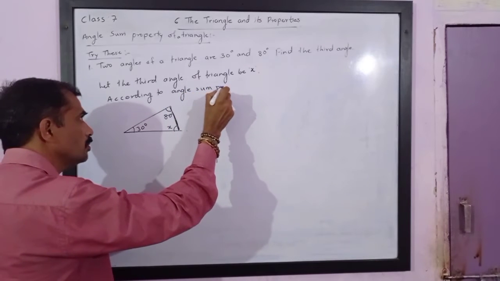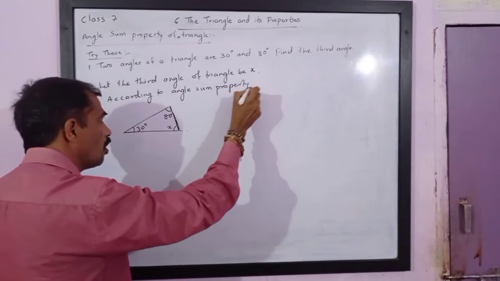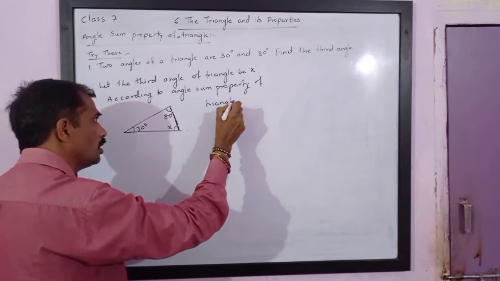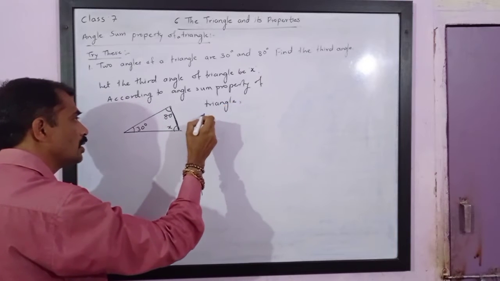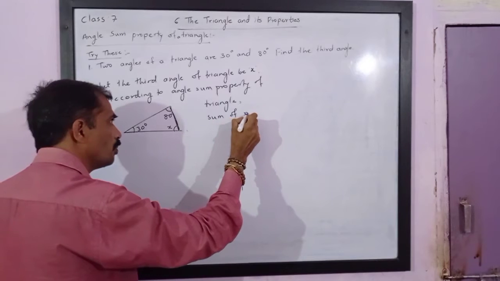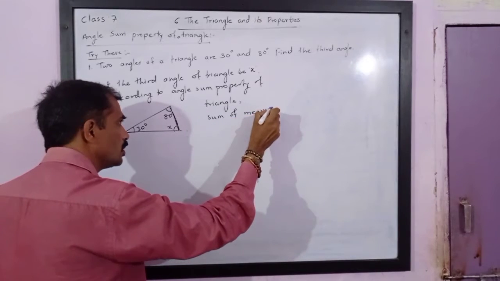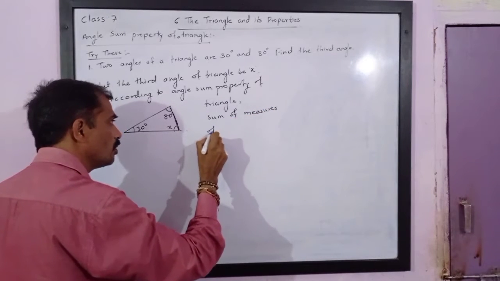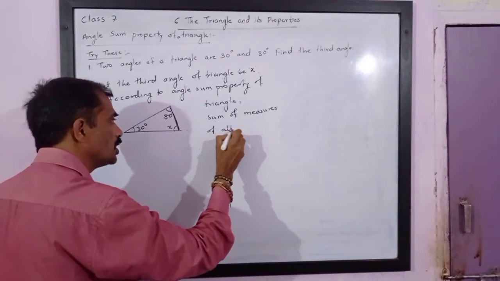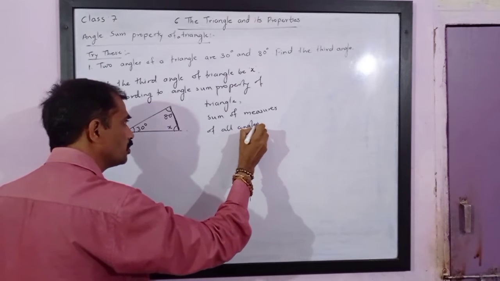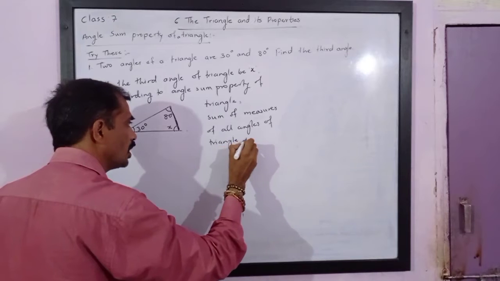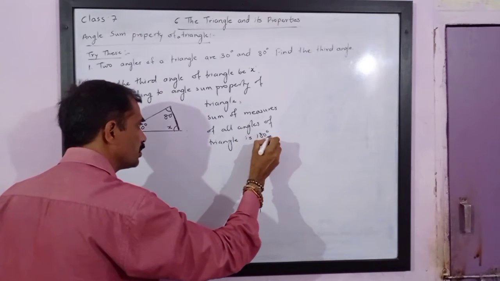angle sum property of triangle, we know that the sum of measures of all angles of a triangle is 180 degrees.